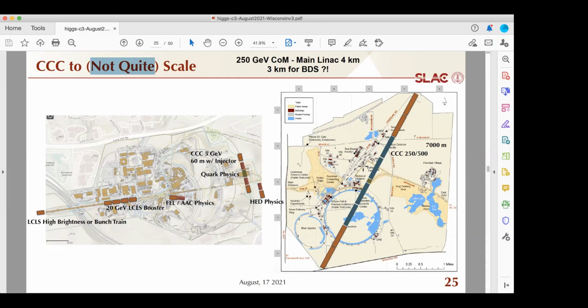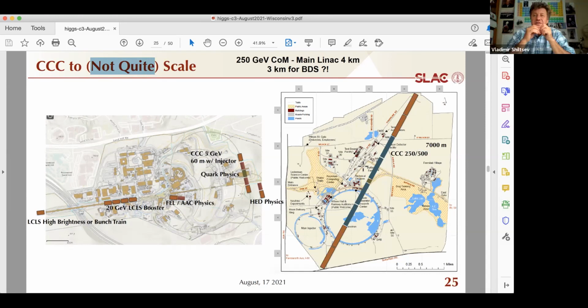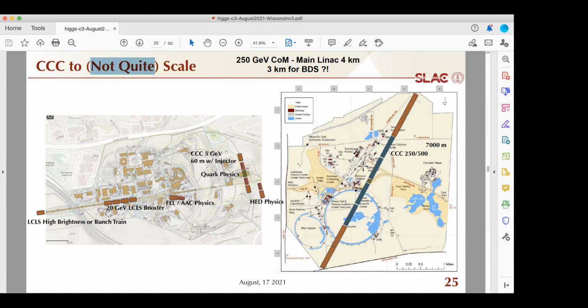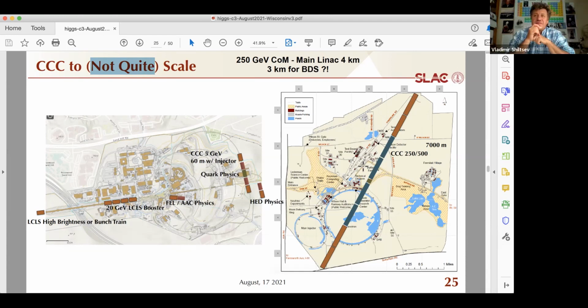The idea is that it would be the same footprint for 250 and 500. But the BDS, we have to understand whether that's enough. The ILC BDS is designed for a TeV. So it's possible you could scale that back, and it just has to be studied. There is a good chance that for a 250 GeV machine, the BDS can be squeezed to like 3 kilometers. Maybe.